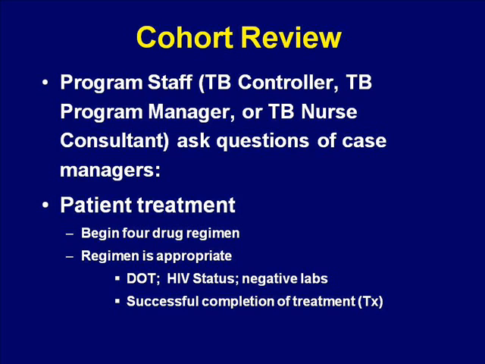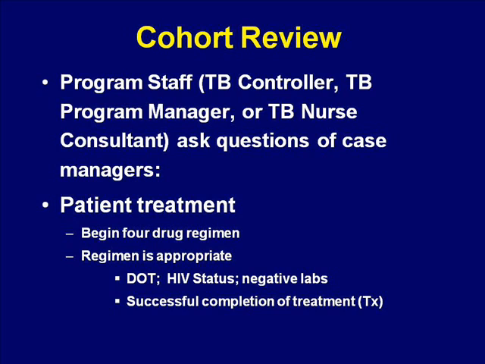Again, we're looking at treatment information. Did they begin on the 4 drugs? Was it appropriate? HIV status. Were negative labs obtained? Sometimes you focus on positive results, but looking at sputum conversions, culture conversions, were those documented in the records?